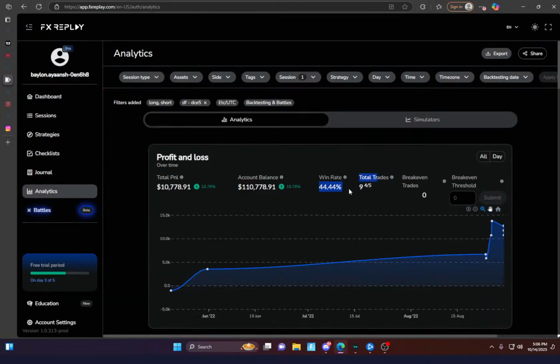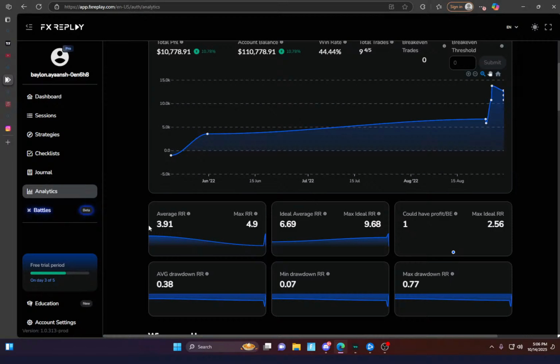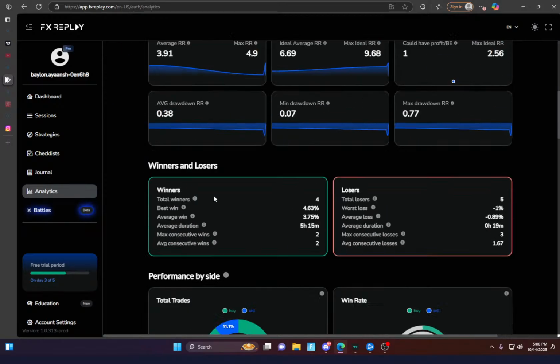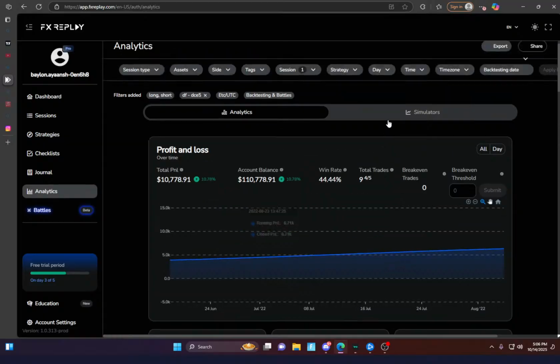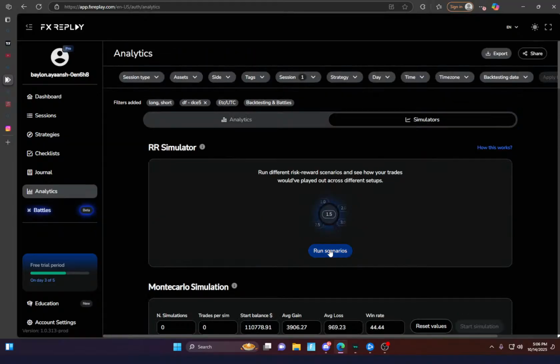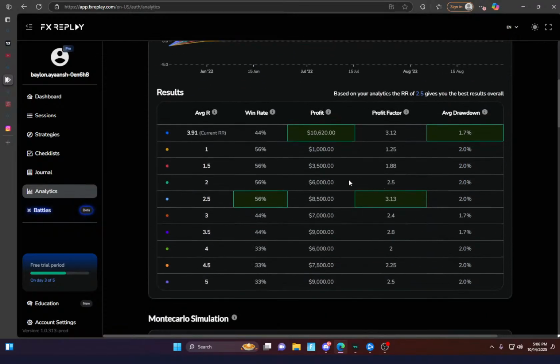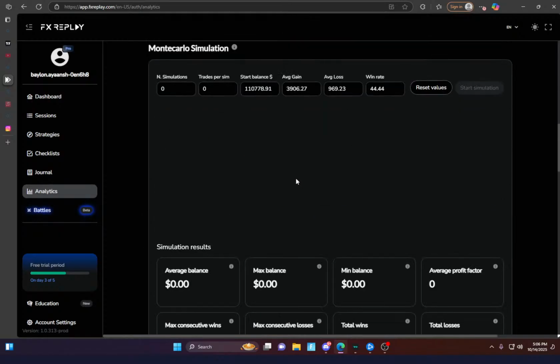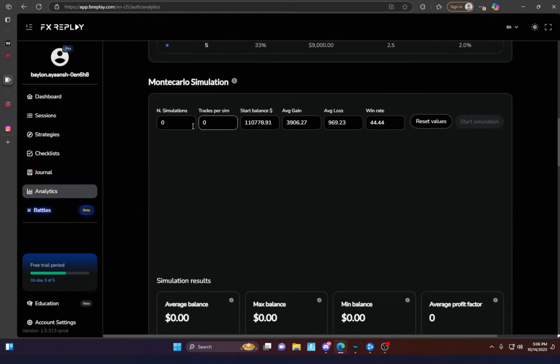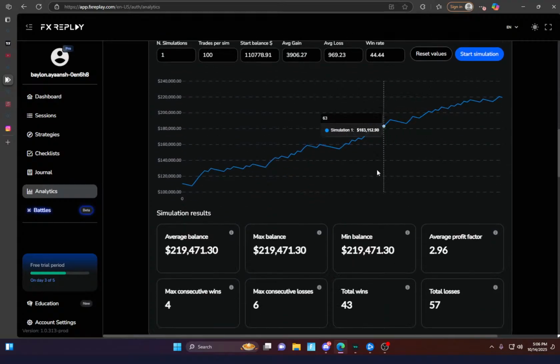44. As of right now. Average 1-4. And for the simulation, let's just do a simulation real quick. One simulation. And let's do, nope, it's not that. It's actually this. So simulation, one simulation. Trades per sim, 100 trades. And let's do start simulation.